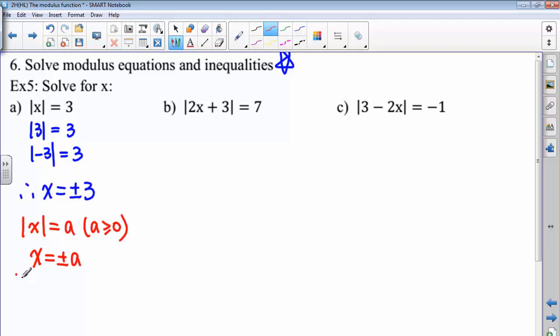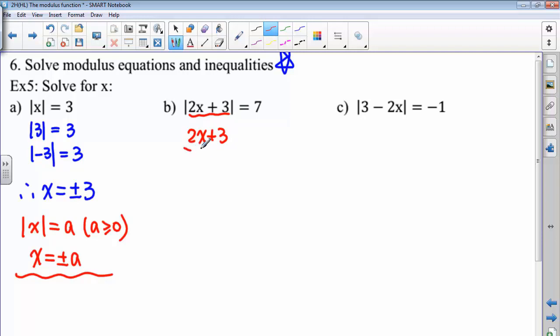Right now we need to use this generalization to solve the other two absolute value equations. Let's look at this one. It's not a simple x anymore. It's 2x plus 3 inside the absolute value symbol, but it's the same as x.